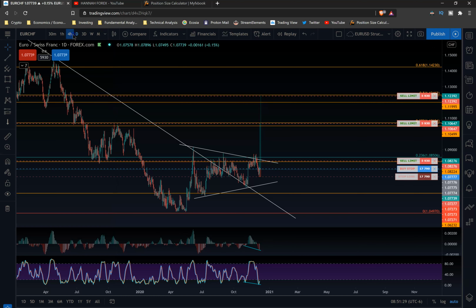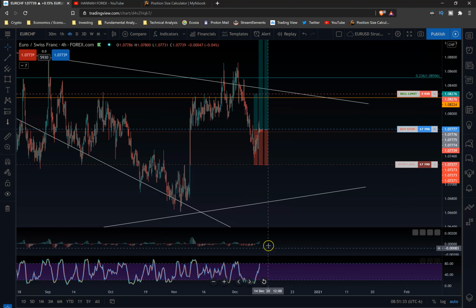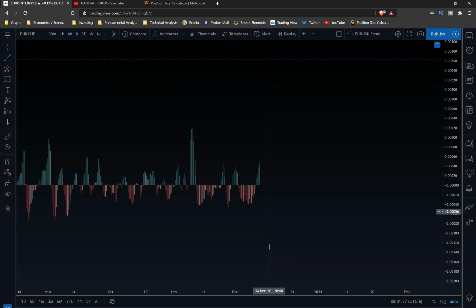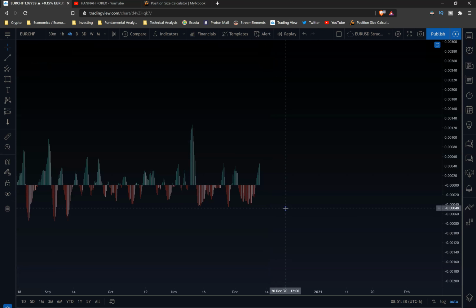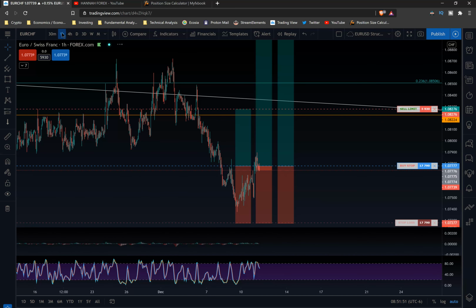The only thing is, on the 4 hour we have strong histograms of positive momentum, and we are about to go into overbought territory on the stochastic.